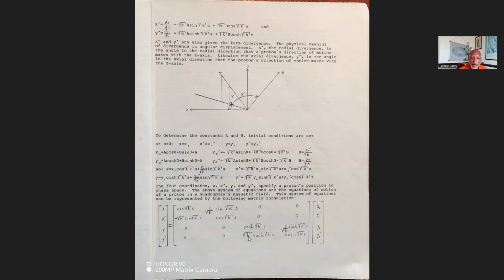So now, here's the quadrupole. You have the matrix equation that starts out with the original x, x prime, y, and y prime of the proton, all right? Where it's at, horizontally displaced from the z-axis, how fast that position is changing with respect to its distance along the z-axis, its vertical displacement with respect to the trajectory, the z-axis, and how fast that's changing with respect to its distance along the trajectory, the z-axis.